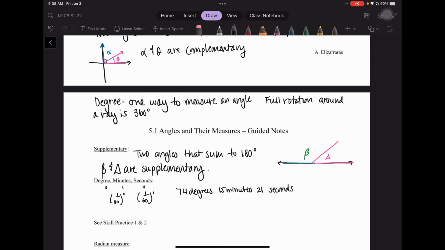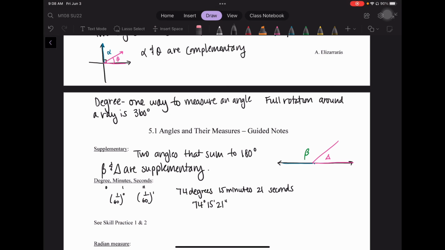We could write that as 74 degrees, 15 minutes, 21 seconds. That's the notation. And then I've got this notation here that says see skill practice 1 and 2. You'll see that throughout all of the guided notes in this series that we cover. That's going to be an example where you can see this application of converting degrees, minutes, and seconds.